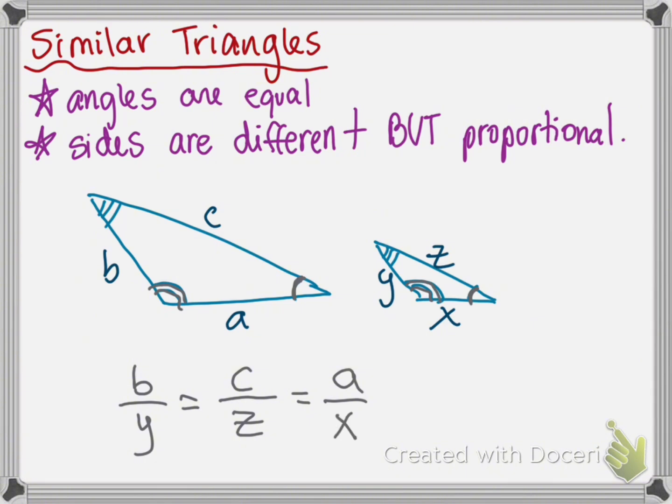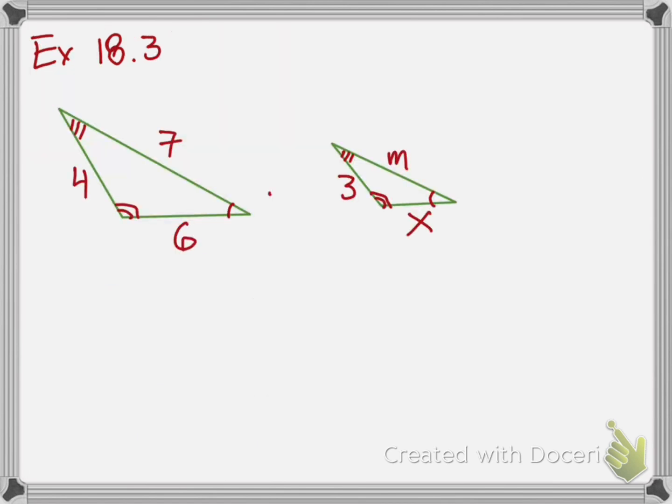And using two of those ratios, we can find the unknown variable. So let's look at one example. In this example, we can see that they are similar triangles because all 3 angles are exactly the same. And so the sides are proportional. So what we have to see is that we have 2 unknowns.